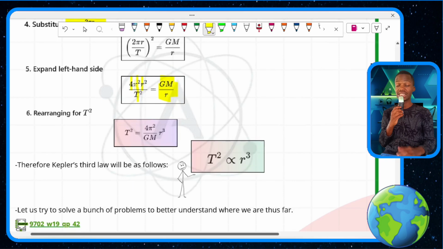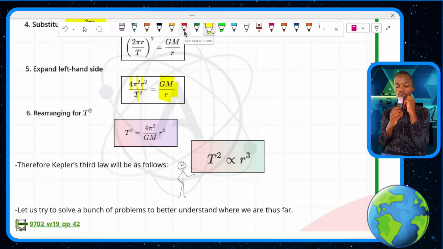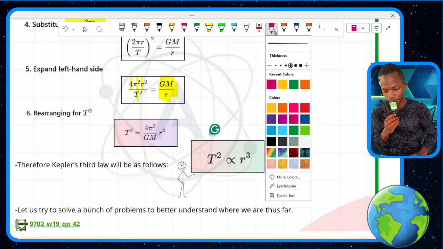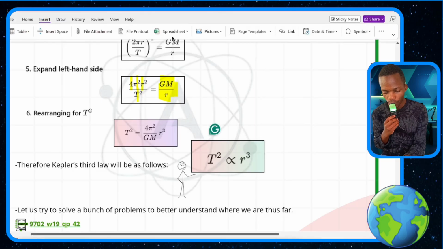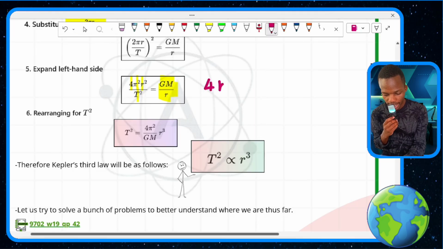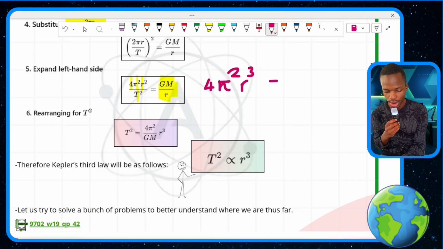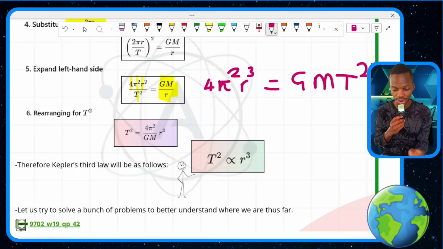Okay? So now we can make T squared the subject of the formula. We multiply by T squared over there, and then we divide, so essentially what I'm doing here is multiplying by r. So I have 4π squared r cubed being equal to GM T squared. Okay, and my goal is to rearrange for T squared.